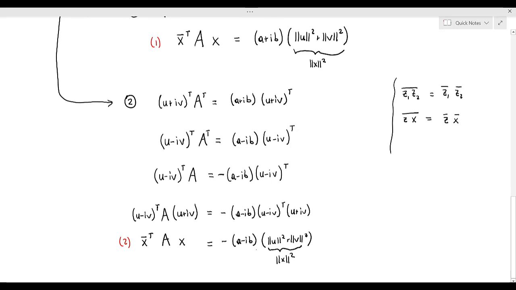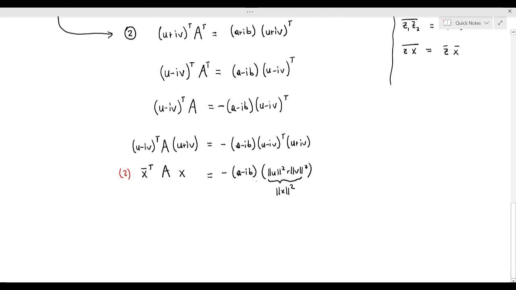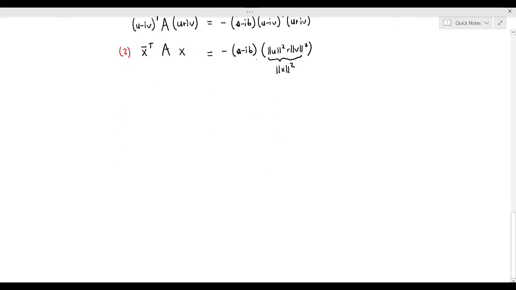Okay, so now I'm going to rewrite the two results that we just observed.